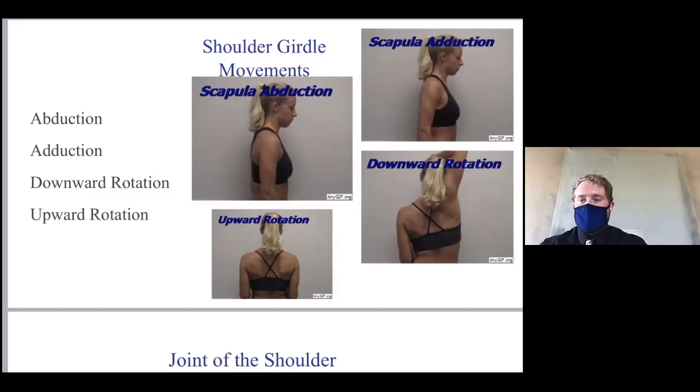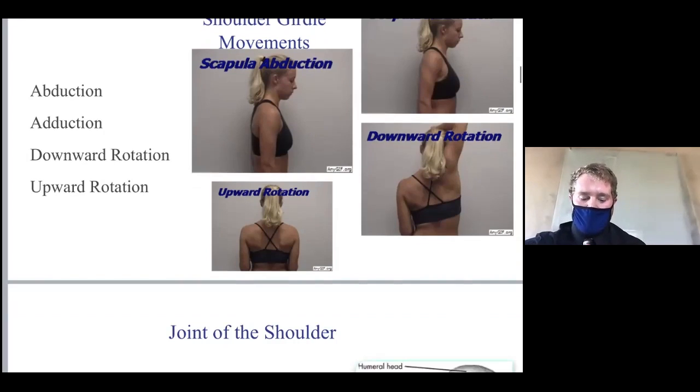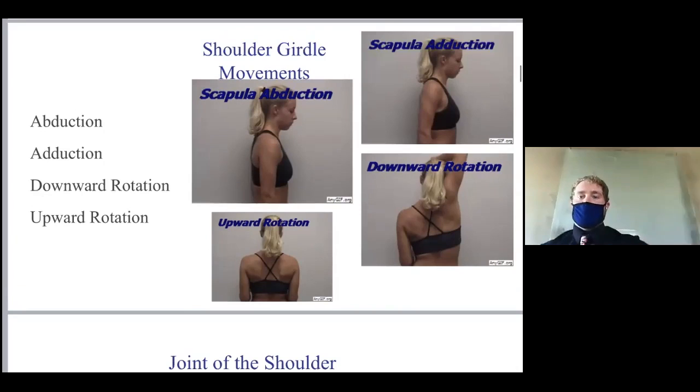The upward rotation is the exact opposite, where you come down and it rotates clockwise. The depression is the downward rotation, where your shoulders drop, and then you have the upward where it goes up.